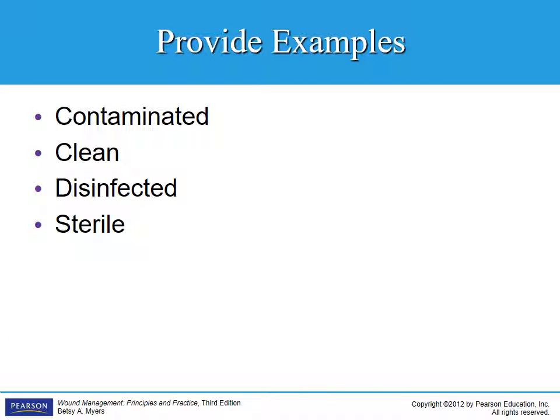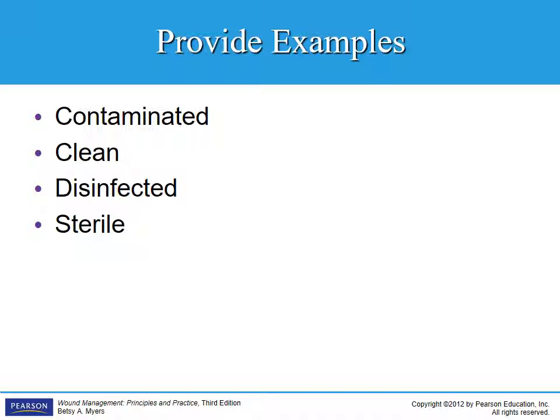So let's talk a little bit about contaminated. If you are seeing a patient, most of the surfaces in their hospital or in any kind of facility are contaminated. You can wipe them down with an antimicrobial agent. For example, if you've ever been in an outpatient setting, most of the time they wipe the mats down with some kind of cleaning fluid to clean it.